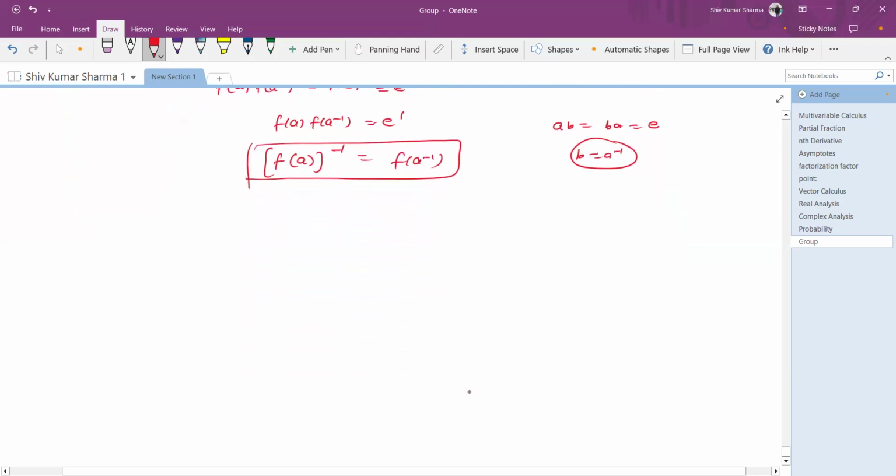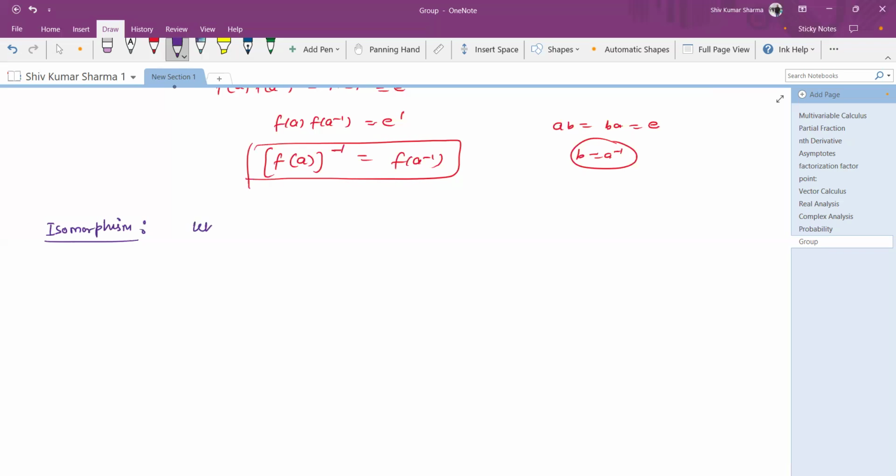Now we move to the next definition, that is isomorphism. For defining isomorphism, we follow the one-to-one correspondence, that means a function which is one-one. We define it this way.